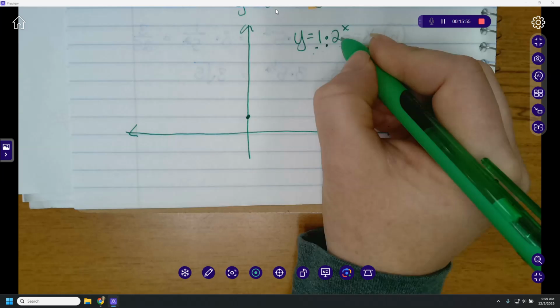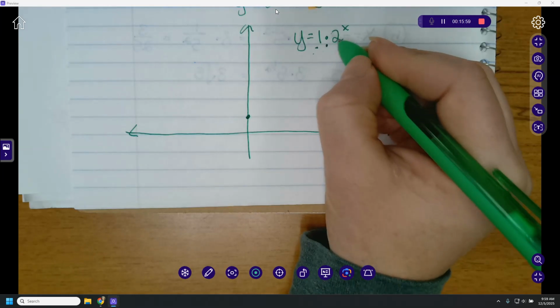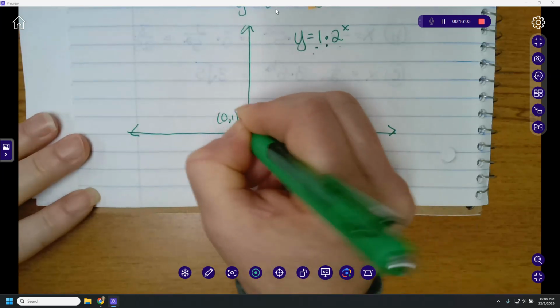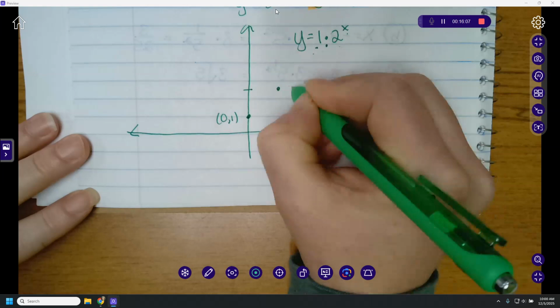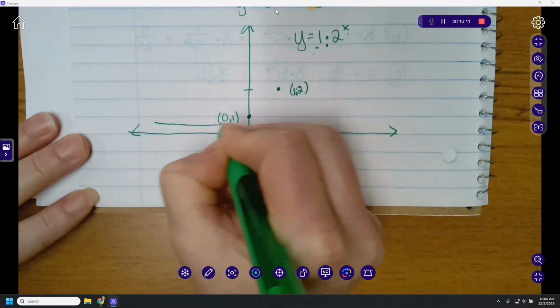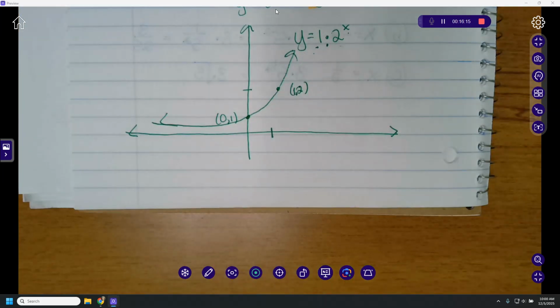What would I get? 2, the next one will be 4, the next one will be 8, and so on. But we're just going to do 2 key points. So we're going to do 0, 1. And if I plugged 1 in, that would go to 2. This is the original curve. That's all I expect for your graph.